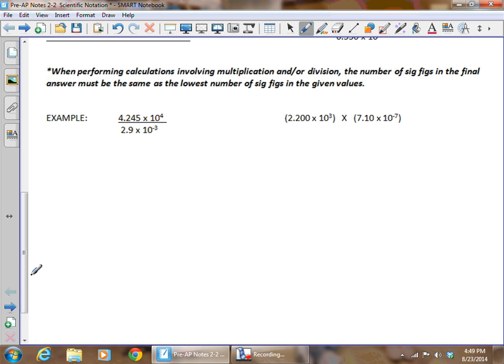Now, you will need your scientific calculators, and I'm going to tell you how to put these values into your scientific calculators. Somewhere on your calculator, there's going to be a value that stands for scientific notation. If you have a graphing calculator, it is the EE button. If you have another type of scientific calculator, it might say EXP.